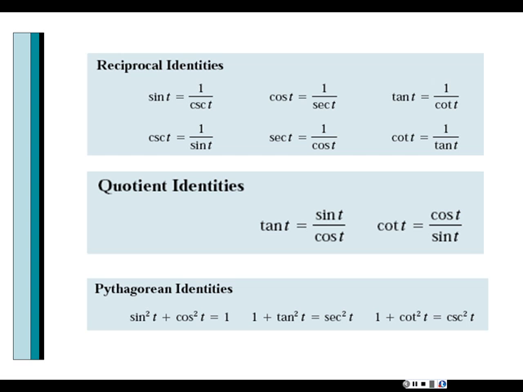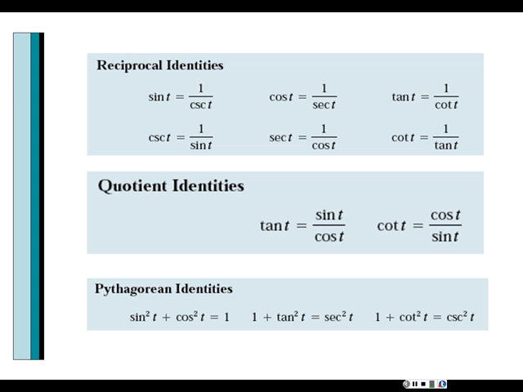So to find the sec t, the best will be 1 by cos t, which is 1 by... To find the cosec t, 1 by sine t, which is 1 by... That's how we can get the other 4.